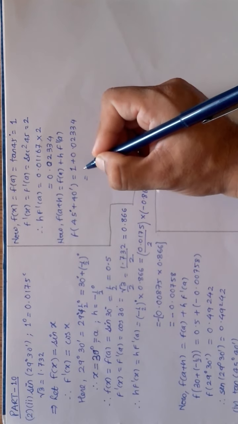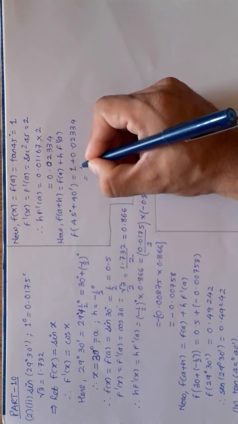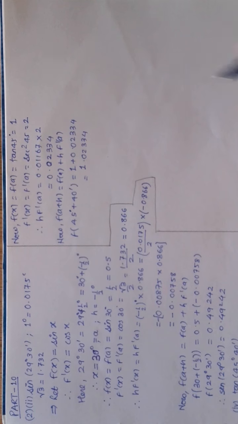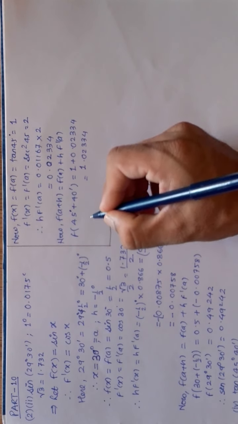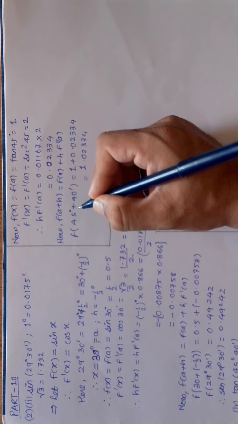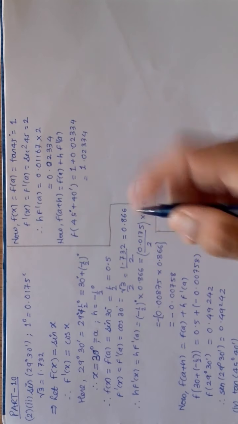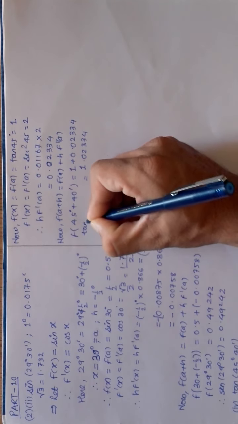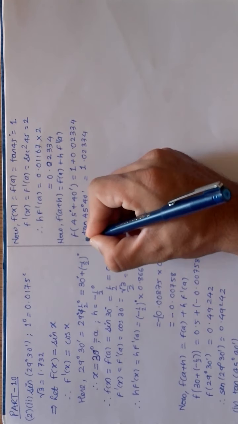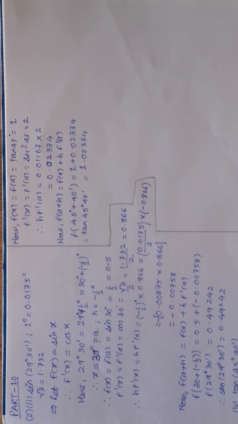When you add it, it becomes 1.02334, and this is the value of tan 45 degree 40 minutes. Got it? Isn't it simple?